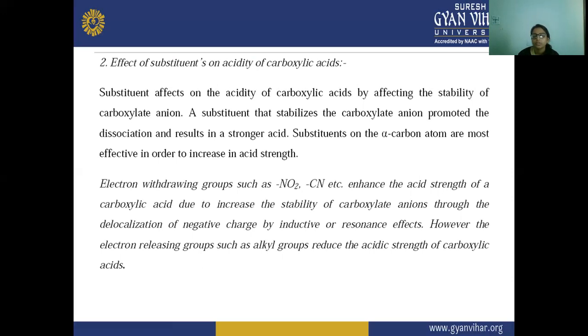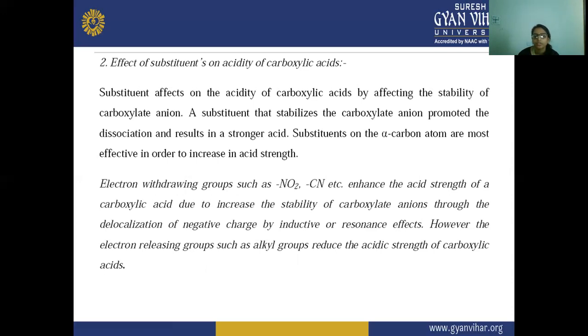So substituents on the alpha carbon atom are most effective in increasing acid strength, and electron withdrawing groups such as NO2, CN, etc. enhance the acid strength of the carboxylic acid because they increase the stability of the carboxylate anion through delocalization of the negative charge by inductive or resonance effect.